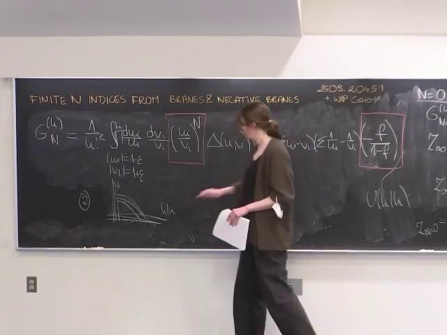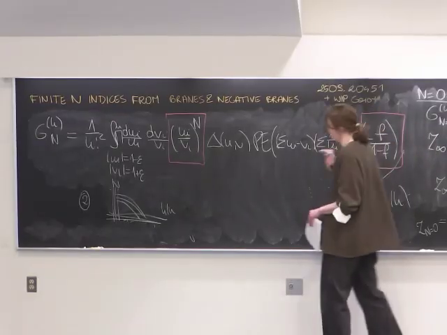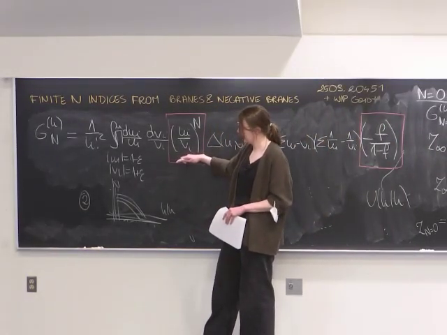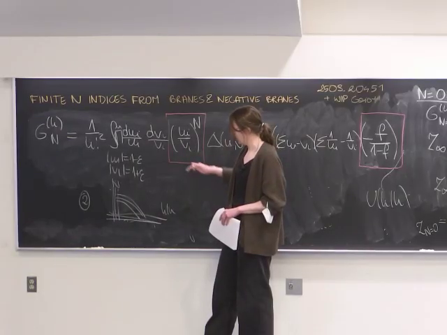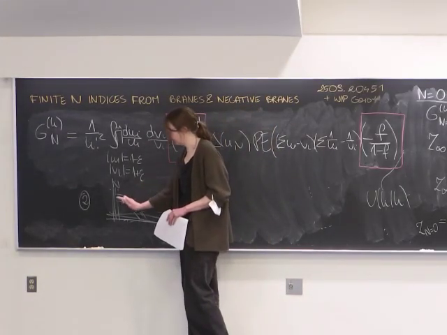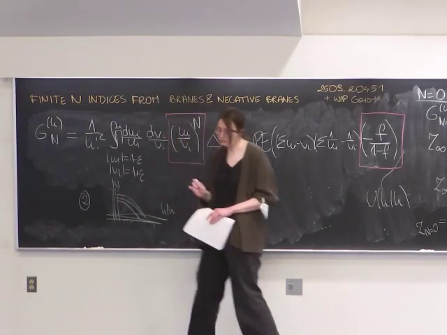It was also noticed by Dan that this term looks like an insertion of a superdeterminant, and it matches the term that would come from integrating out these bifundamental strings.